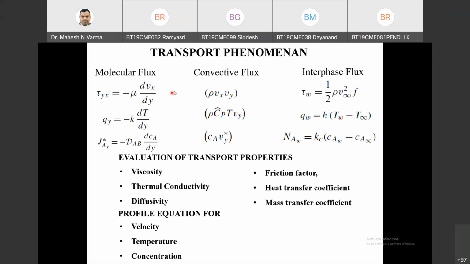So these are the equations we have discussed in the last 10 classes.